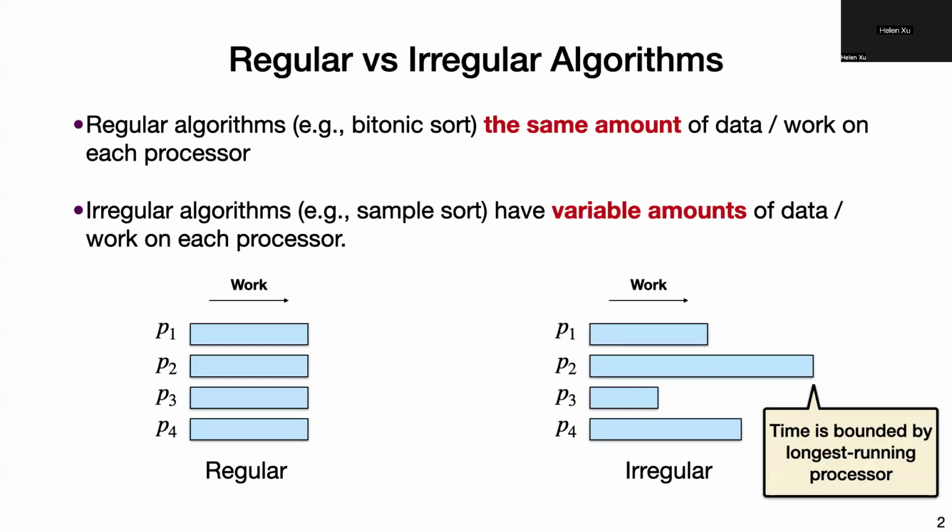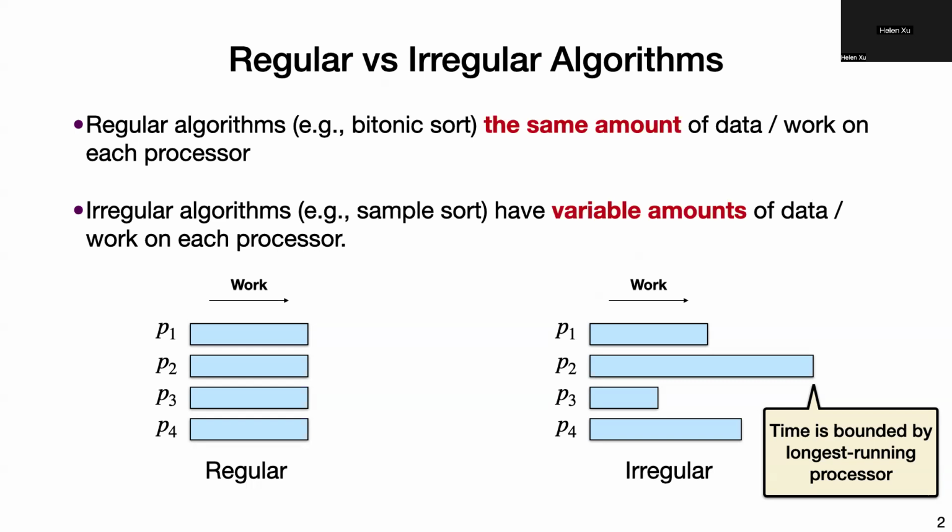Okay. So at a high level, there are two main categories of algorithms that we're going to do in this class. So far, we have mostly done regular algorithms, which are algorithms that do the same amount of work on every processor. For example, in Bitonic sort, we had n elements, and the comparisons are always fixed up front, and you can always split them according to the hypercube, their distance 2 and the distance 4 and so on away.